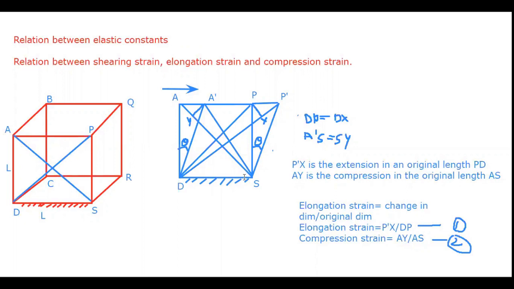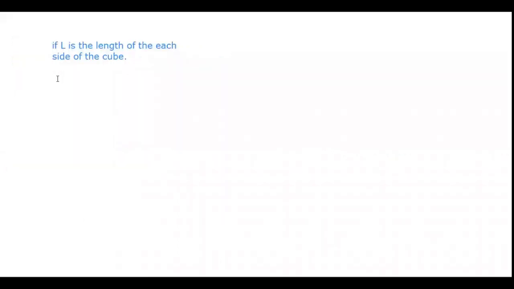So the triangle DPS, let me take. To find DP from this triangle, apply the Pythagoras theorem, where DP square will be equal to DS square plus SP square.